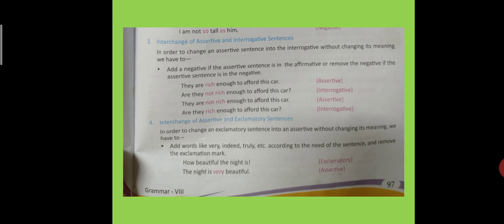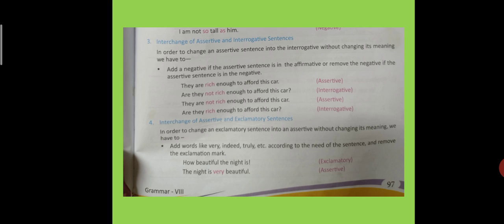The third point, interchange of assertive and interrogative sentences. Here, in order to change an assertive sentence into the interrogative without changing its meaning, we have to first add a negative if the assertive sentence is affirmative, or remove the negative if the assertive sentence is negative.